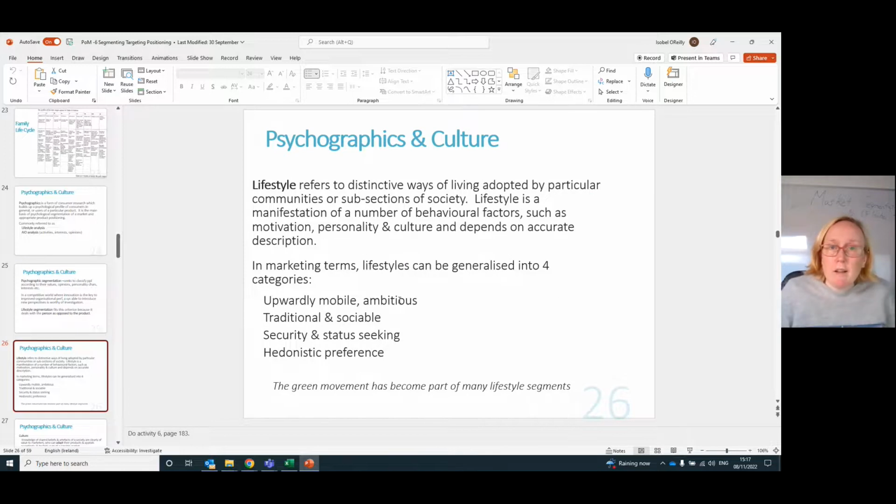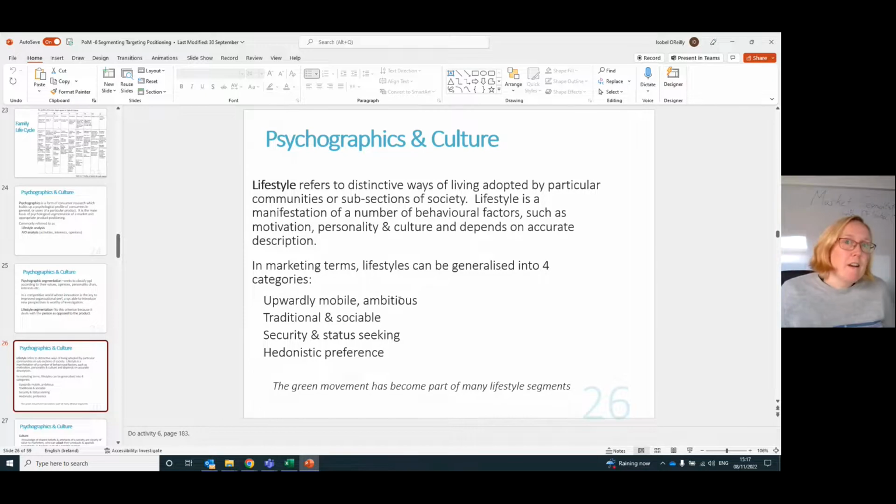When we talk about lifestyle, we mean the distinctive ways of living adopted by particular communities or subsections of society. Lifestyle is a manifestation of a number of behavioral factors such as motivation, personality, and culture, and it depends on accurate description. So we need to gather that information and have access to it if this is going to be a way that we segment.